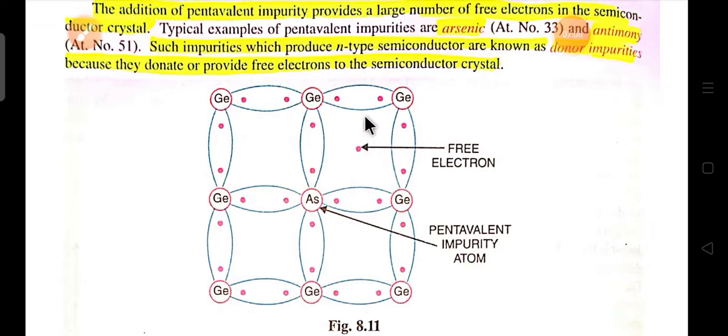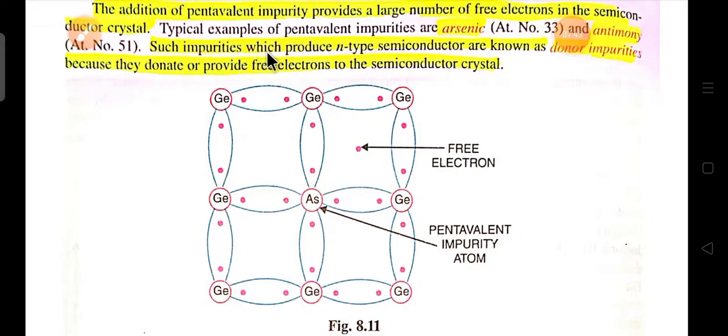That means this electron is free. So from one arsenic atom, we get one free electron. If we add a little amount of arsenic, there are millions of arsenic atoms and we get millions of free electrons. That's why the addition of pentavalent impurity provides a large number of free electrons in the semiconductor.